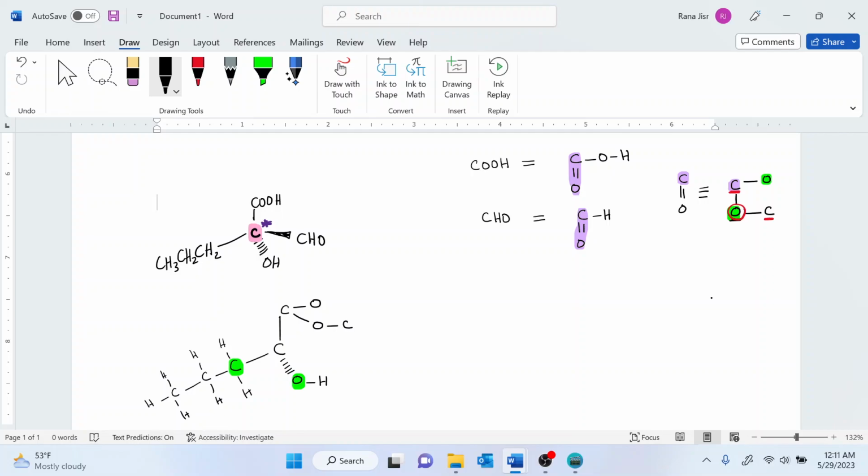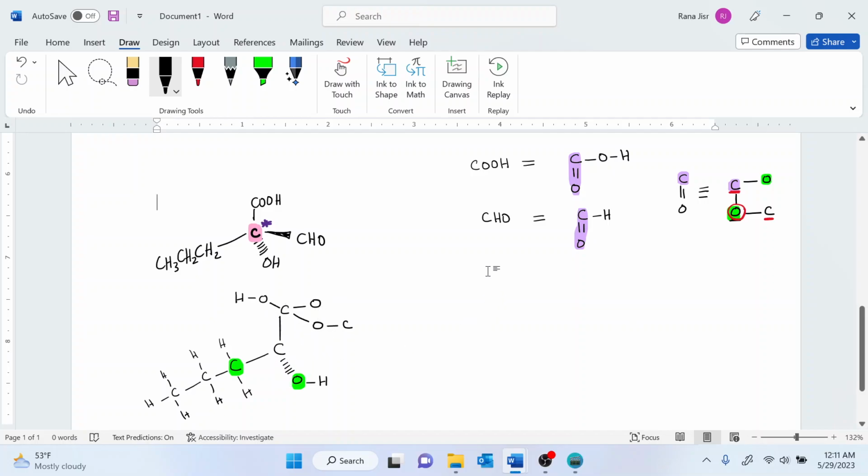But on this carbon here, don't forget, I also have the OH, so I need to put the OH. You can put it anywhere you want. So this is the carboxylic acid. This is how it looks.